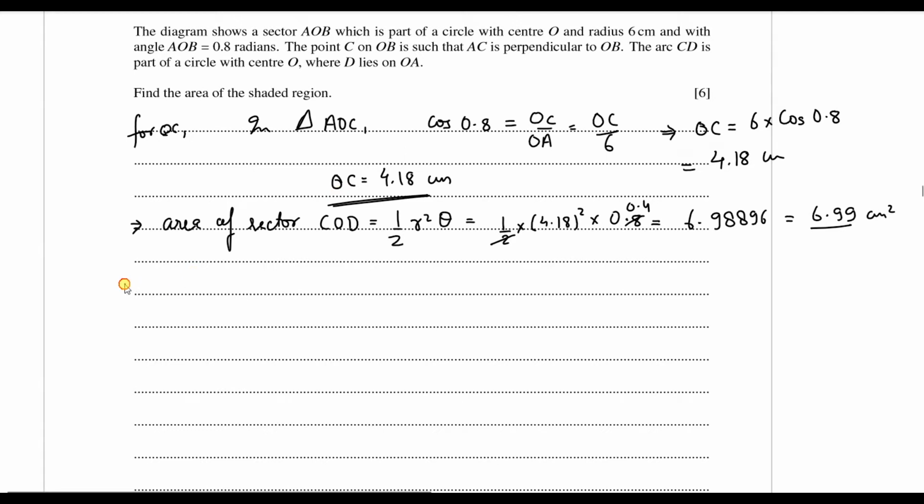So now the area of triangle AOC is equal to half ab, where ab means OC times OA, and sine of the included angle, that is 0.8.